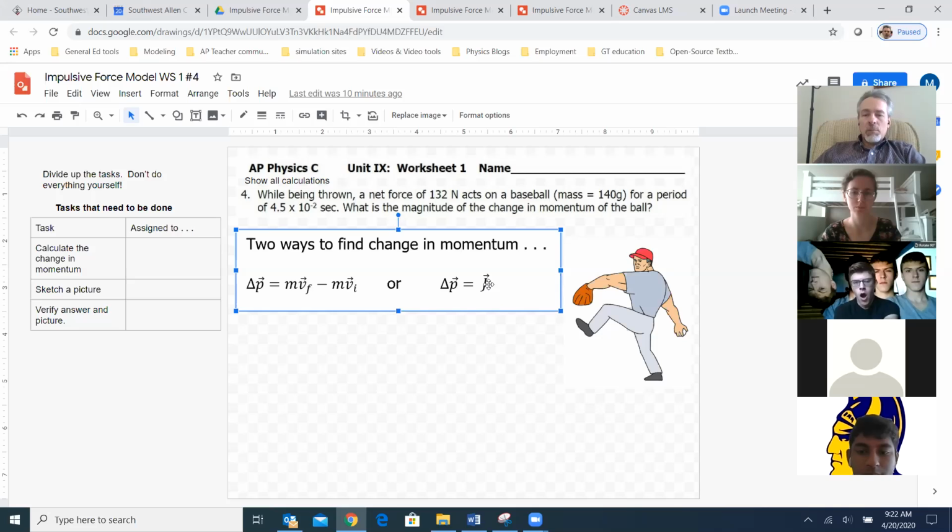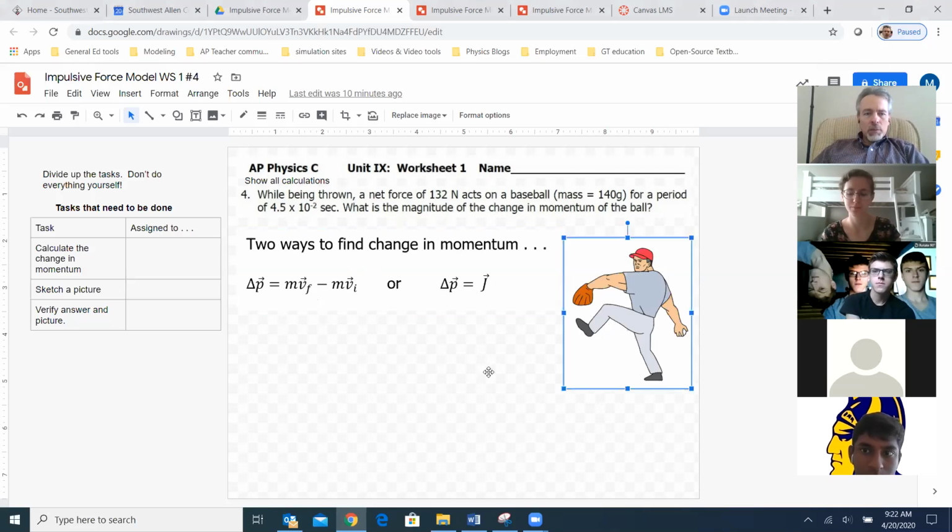Either you can find the impulse, or if you don't know what the impulse is, you don't know the force, you don't know the time, you can also just simply figure out what the initial and final momentum is. Final minus initial gives you the change of momentum. Okay. So I would like you to collaborate on this, maybe sketch a picture, find something on the web, something like that, and maybe talk a little bit in your groups.